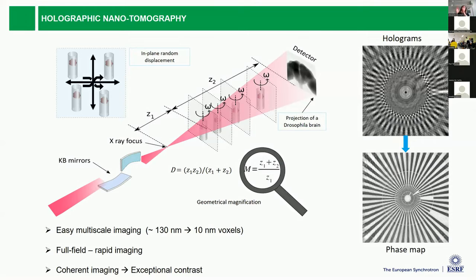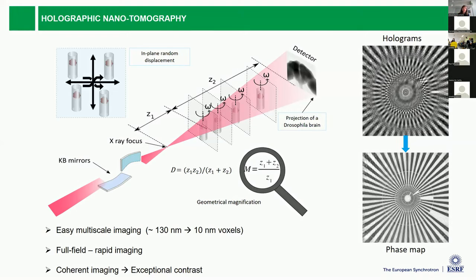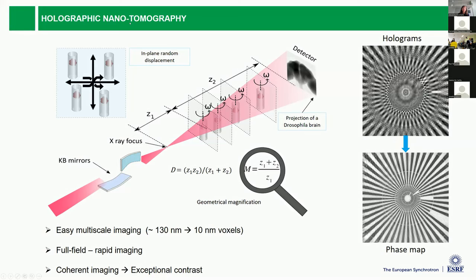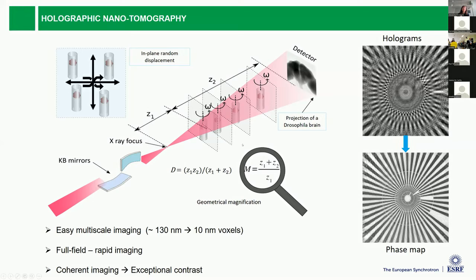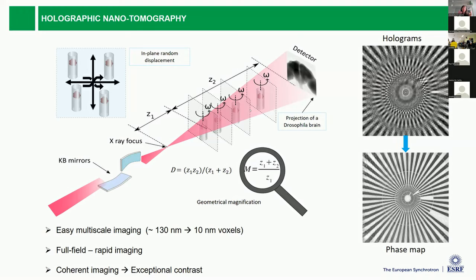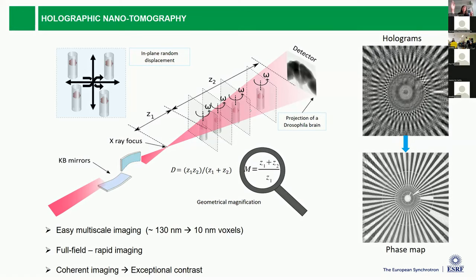And now I'll focus more on the 3D imaging with phase contrast. The advantage of this type of technology that we use, which is full field imaging using a focused beam, is that we place the samples in the divergent beam. It makes it easy to image samples at different scales by simply changing the position of the sample between the focus and the detector.